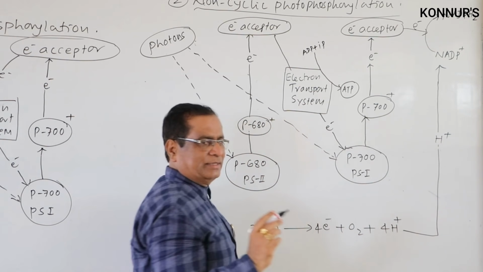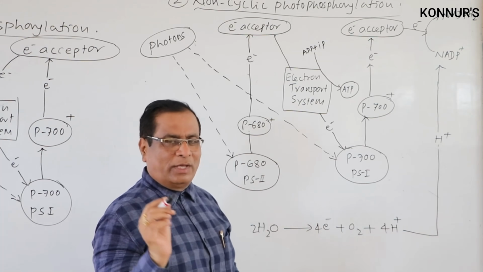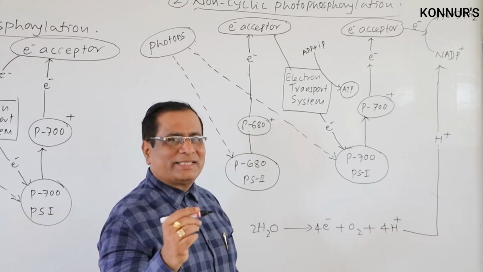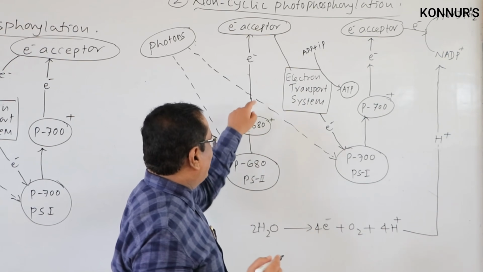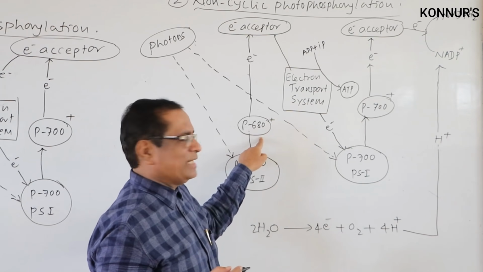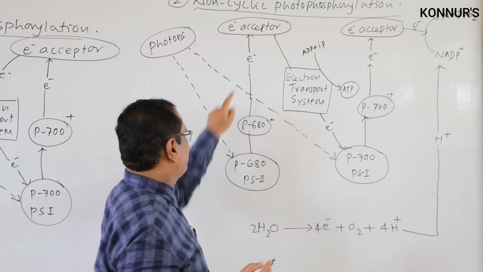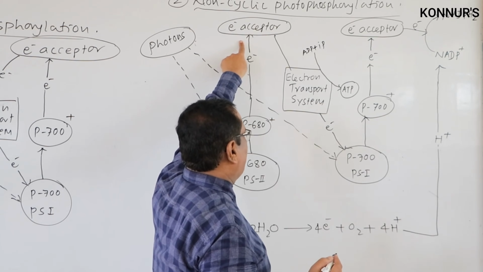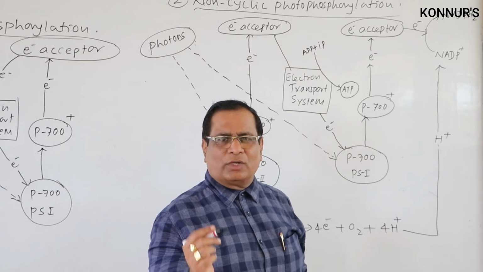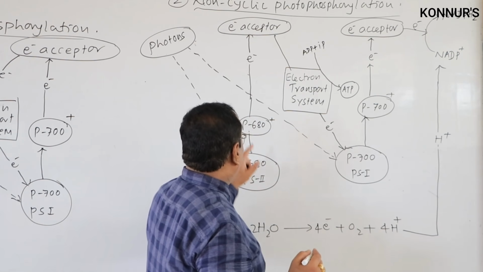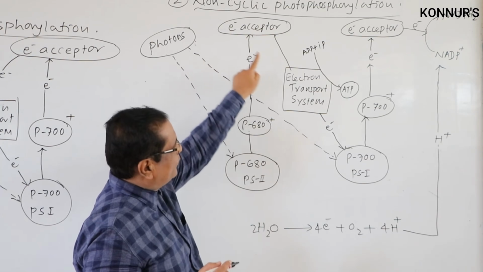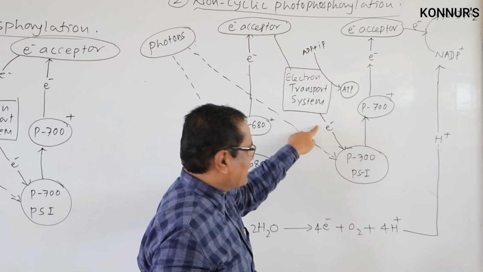In biology we use the term excited, but in chemistry it is oxidized. When the electron is ejected, these chlorophyll molecules are excited or oxidized, and the electrons are received by electron acceptors.